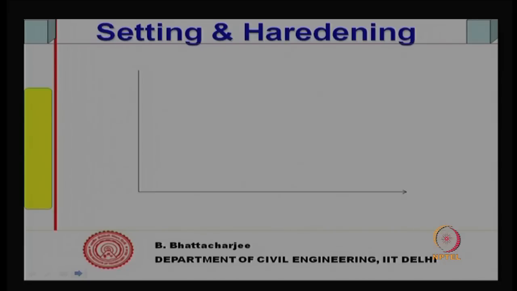So, the penetration of the needle would not have been possible, not because of the cement characteristics, but because of the consistency or plasticity of the paste itself. So, plasticity is maintained constant and then setting time is measured, and this plasticity is related to the standard consistency. That is why we have to get standard consistency.